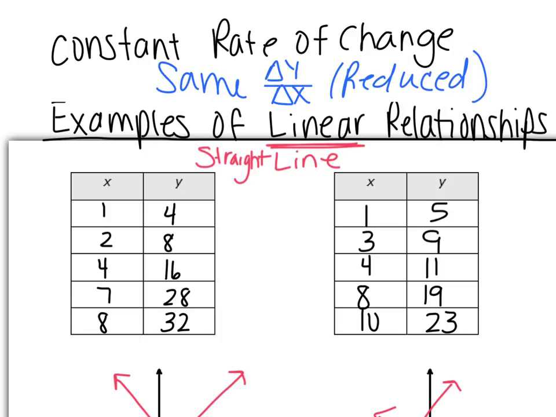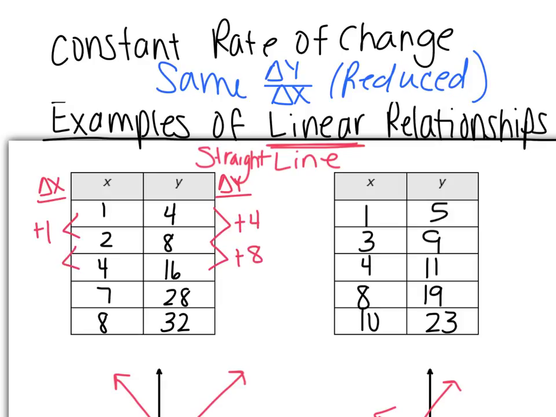So here's what we're going to do for table number 1, just to show you. We're going to do our delta y, delta x for our entire table, like we've been practicing for a while. So here, remember, delta y means the change in y. So from 4 to 8, it is plus 4. And we're going to do our delta x over here. Remember, delta x means the change in x. So this is plus 1. The next delta y between 8 and 16 is plus 8.